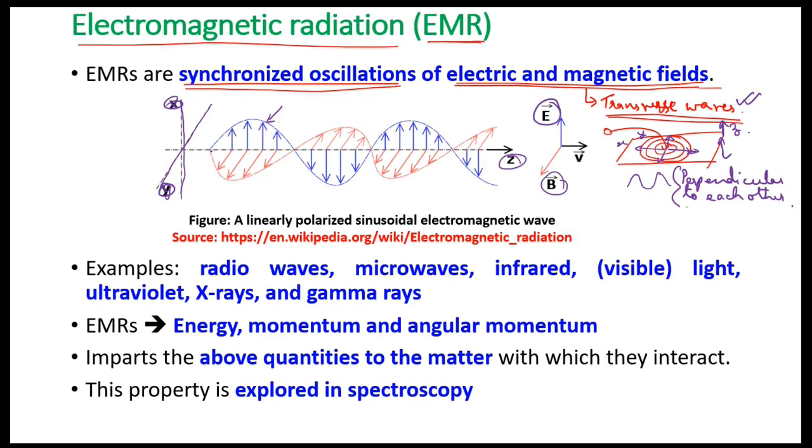The magnetic field moves along with the electrical field, but in another plane perpendicular to the electric field. Both fields move together, however they are perpendicular to each other. Hence, electromagnetic radiations are regarded as transverse waves.